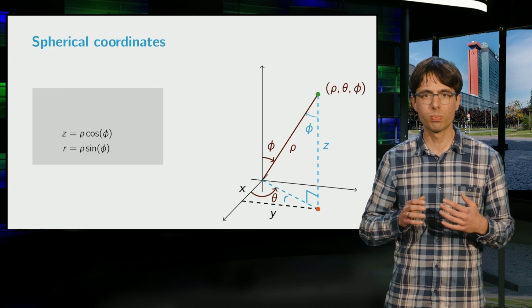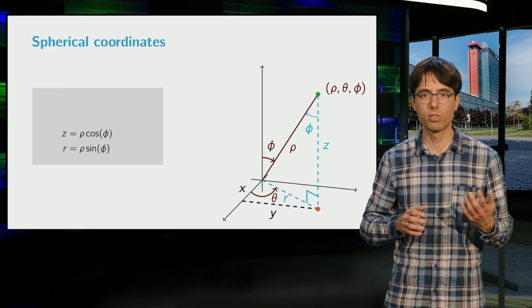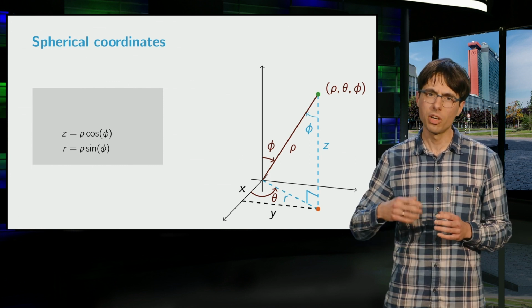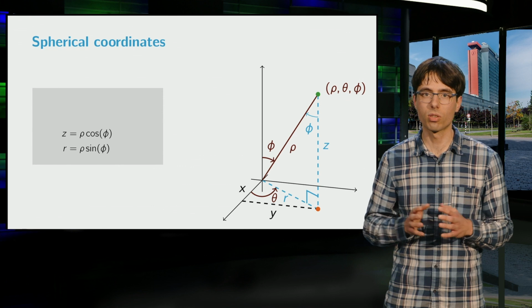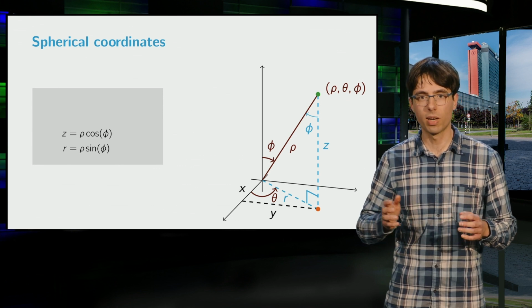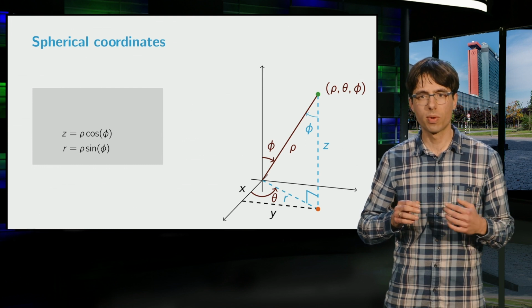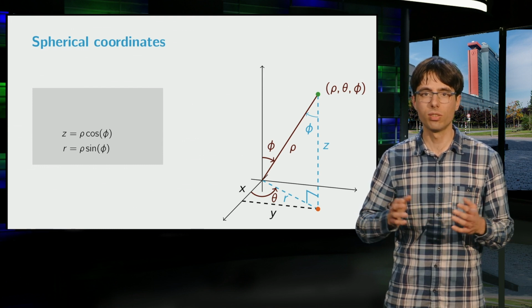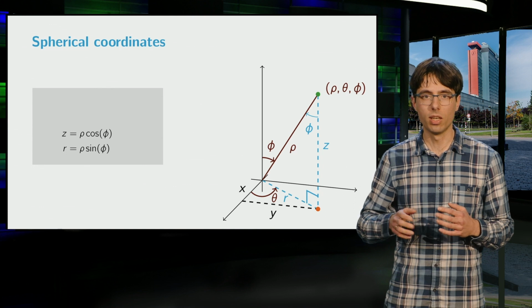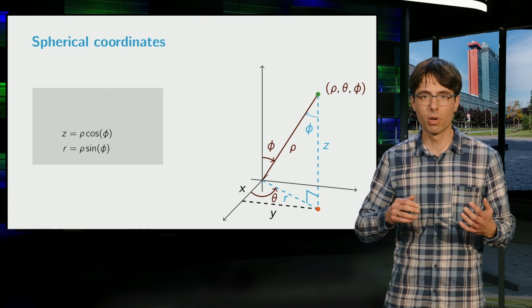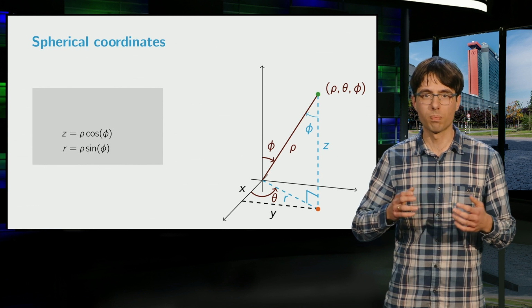So how would you express a point x, y, z in terms of the spherical coordinates rho, theta, phi? Recall that we constructed cylindrical coordinates by expressing x and y in polar coordinates. Now, take a look at the triangle with sides r, z and rho you see on the screen. We note that the distance rho and the angle phi now take the role of the polar coordinates in the zr plane.